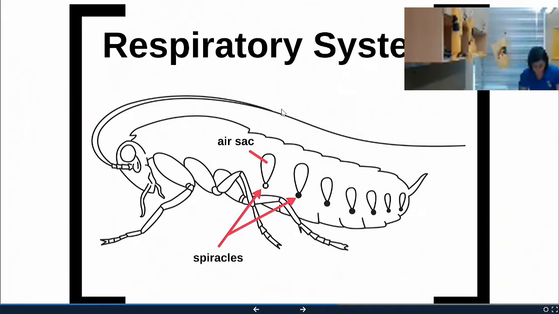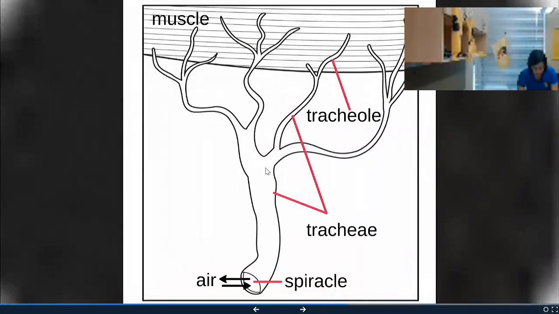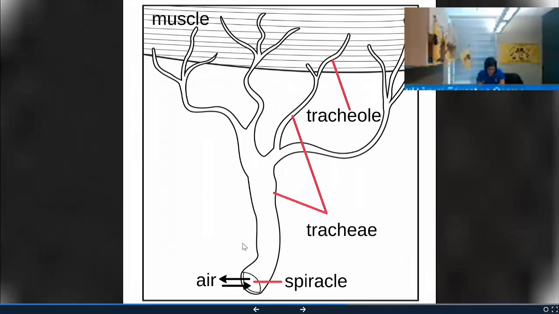Respiratory system. So they breathe through spiracles. So the oxygen enters their body, goes to the muscle, and then the carbon dioxide will go down. CO2 will go out.